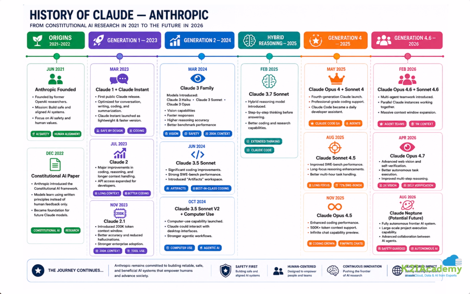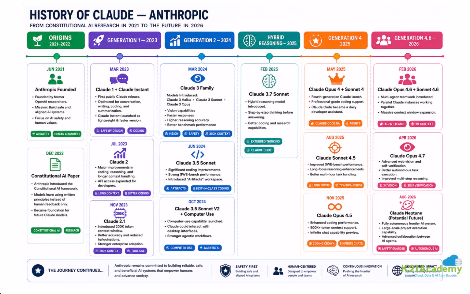What was the purpose of the founders when they introduced Claude as an agentic tool for doing different tasks? Before we open up any tools and I show you the Claude environment, let us understand where Claude comes from. This matters because the philosophy of the company directly shapes how the product behaves. How is it different from other large language models?